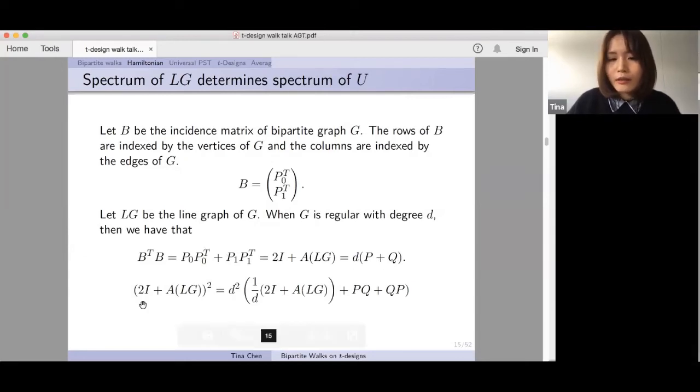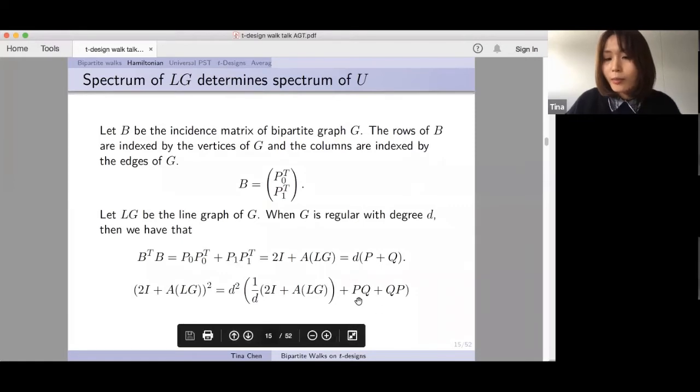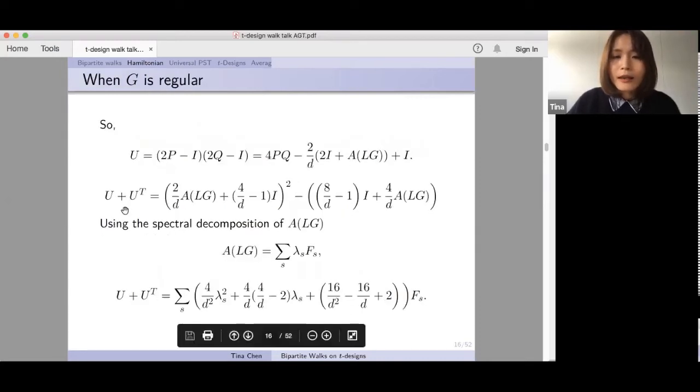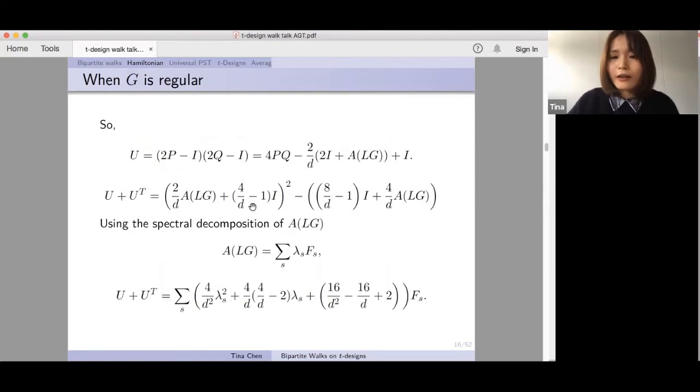We can see that PQ plus QP can be written in terms of the adjacency matrix of the line graph and the identity matrix. And then we can write U plus U transpose in terms of the adjacency matrix of the line graph and the identity matrix.